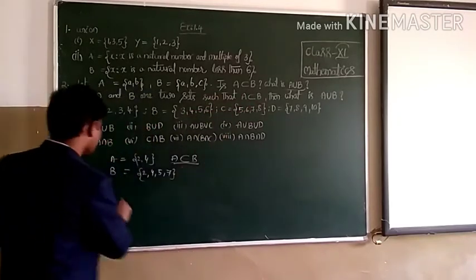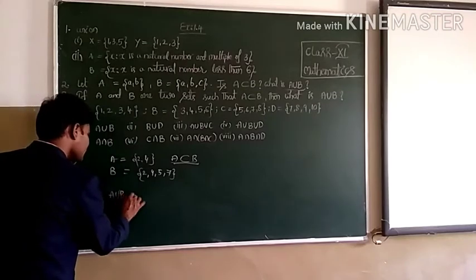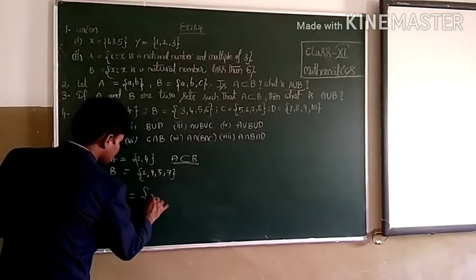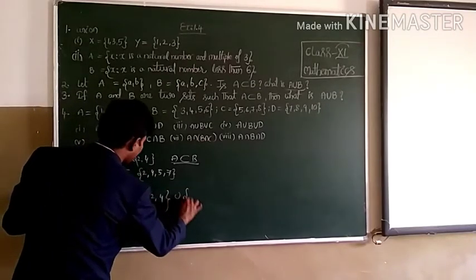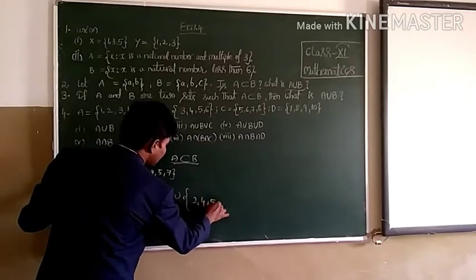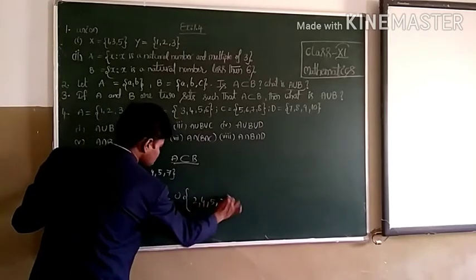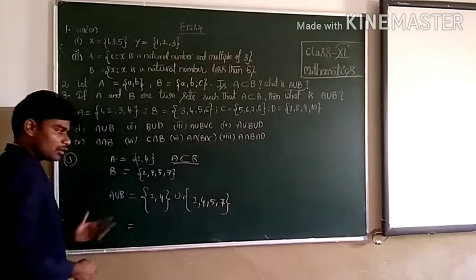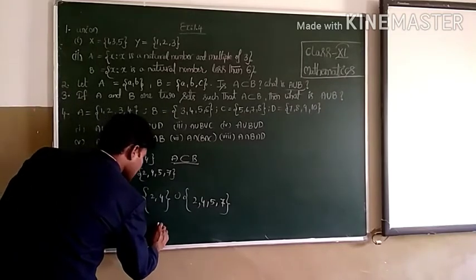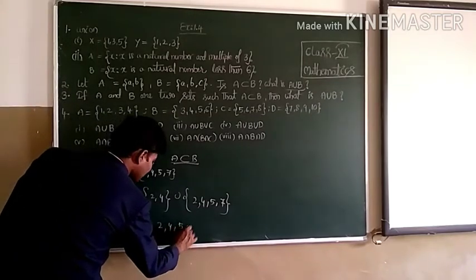At this time, we need to find out A union B. A union B means here A is 2 and 4, union of 2, 4, 5 and 7. Right? So just find all the elements on both sides: 2, 4, 5 and 7.